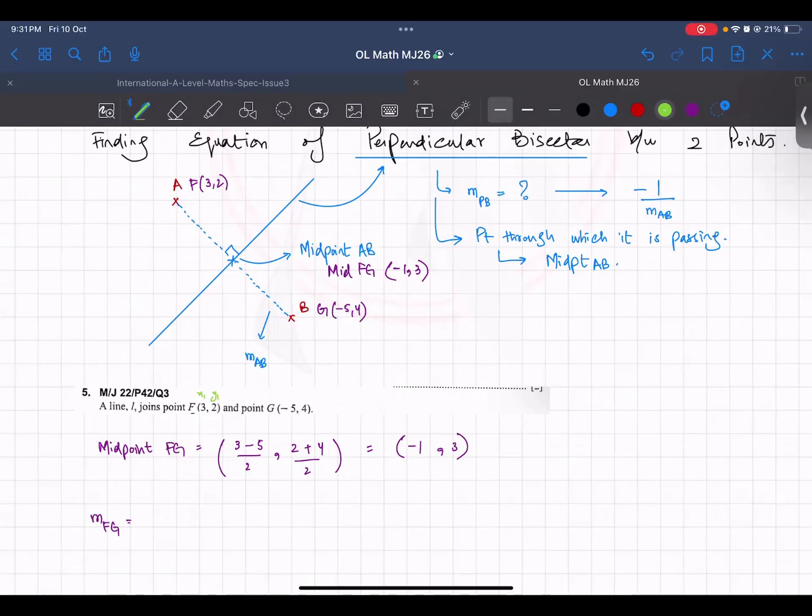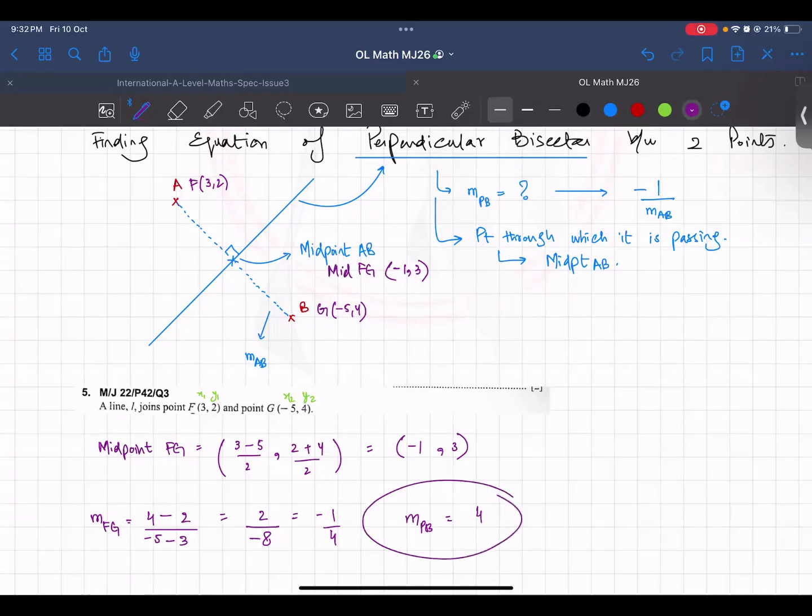So y2 minus y1 upon x2 minus x1, which will be 2 upon minus 2, minus 8, which will be minus 1 upon 4. And now for the gradient of the perpendicular bisector, it will be negative reciprocal. So negative becomes plus, and 1 upon 4 flip it, it will become 4.